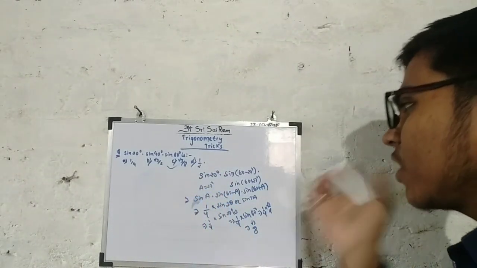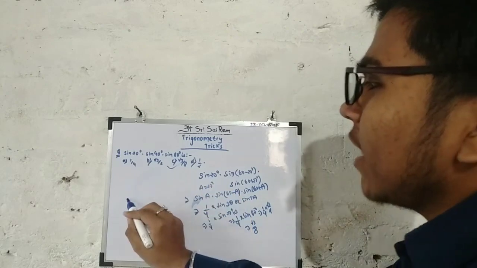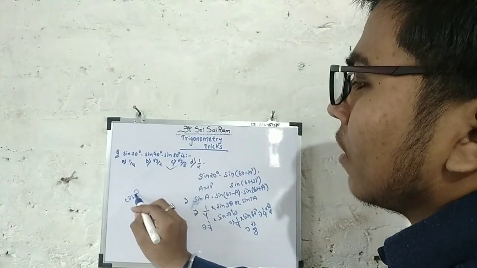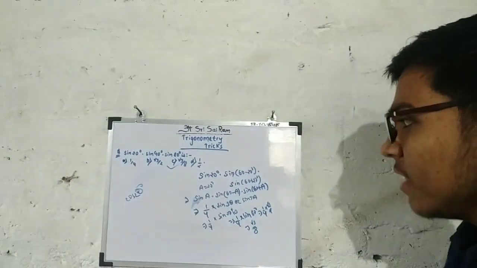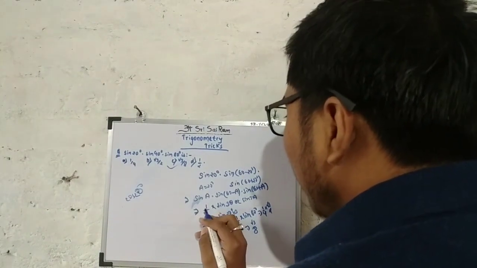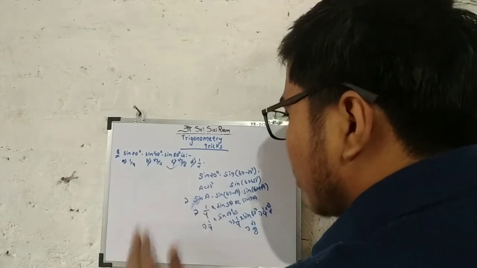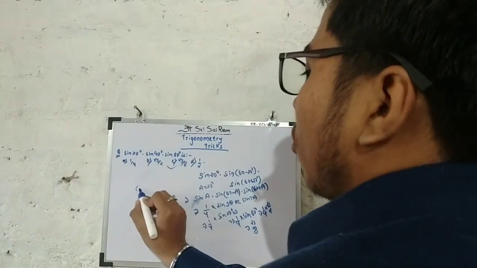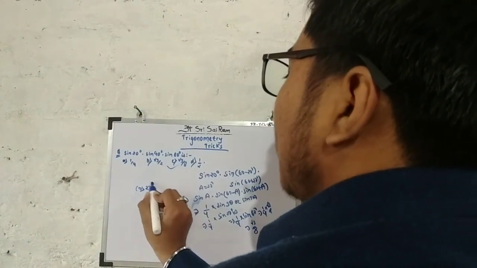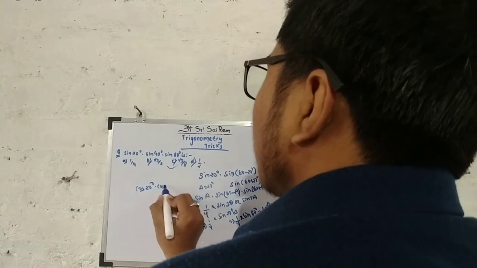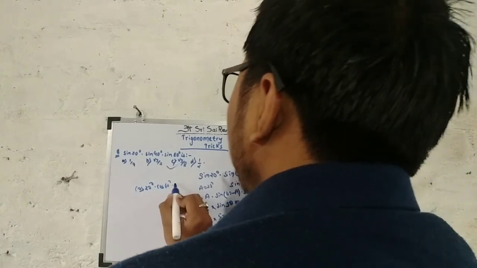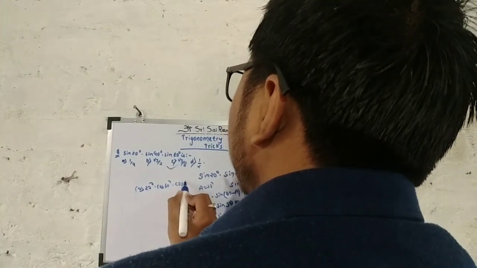And the same is the case with cos. Suppose the question comes like this: cos 20 degree into cos 60 degree into cos 80 degree.